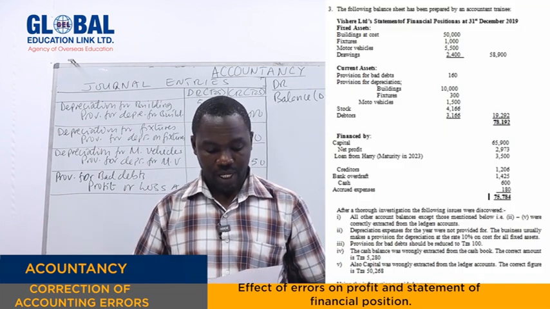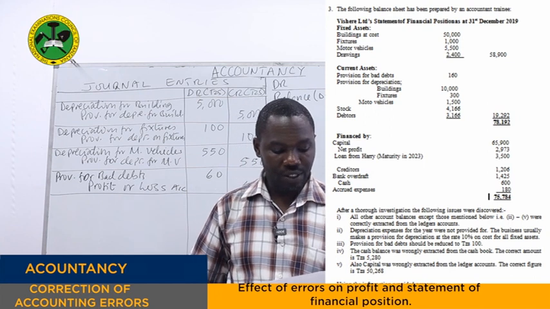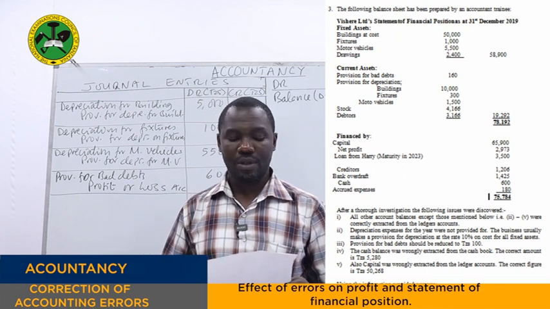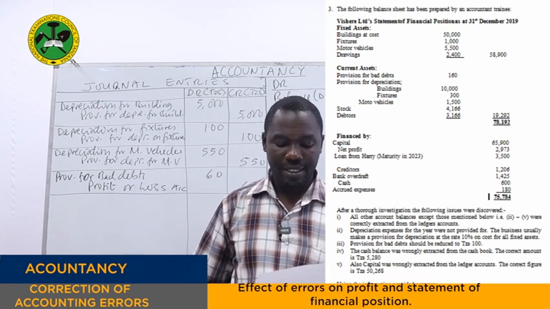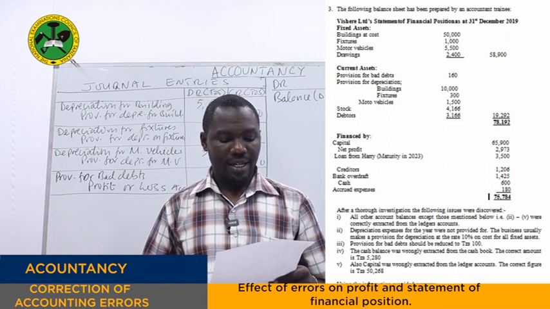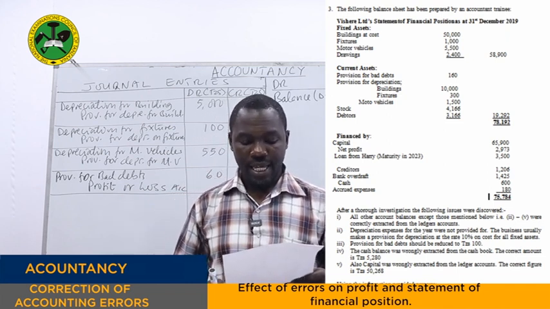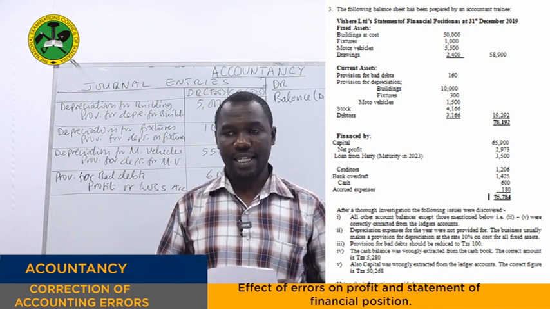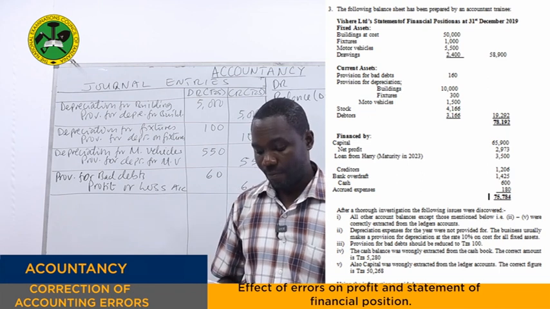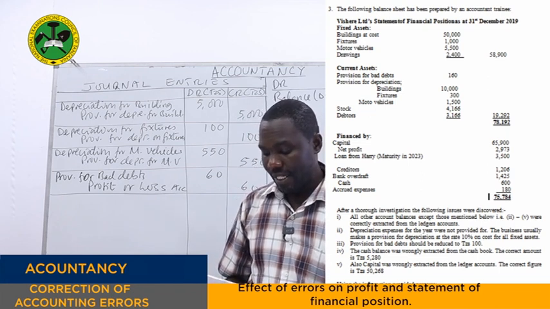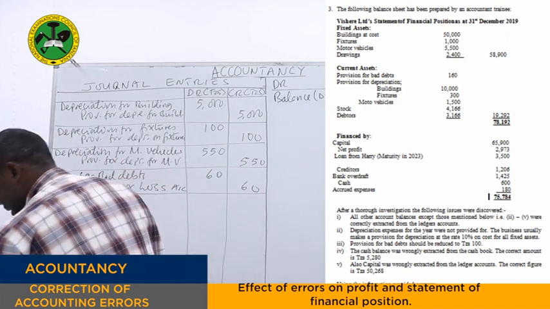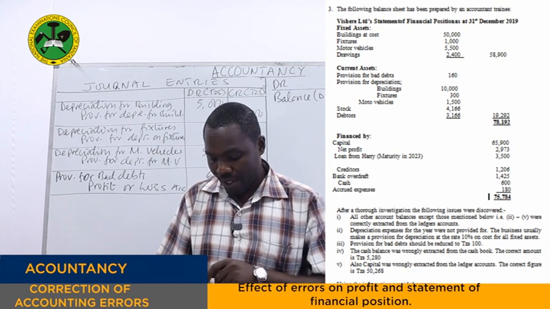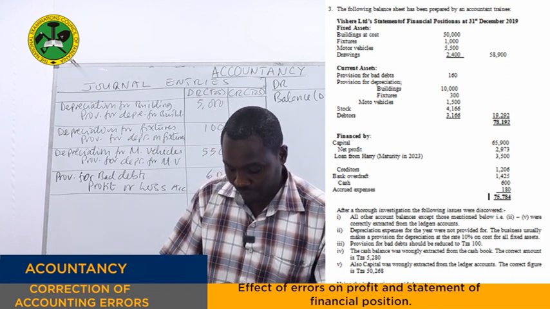Then the next item, that is Roman 4, the cash balance was wrongly extracted from the cash book. If the cash balance was wrongly extracted, we are told that the actual balance or the correct entry is 5,280. So we need to check the difference. The balance that is given is only 600. If we take the difference, let us compute.